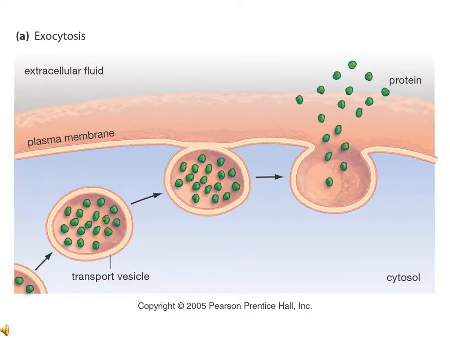This is referred to as exocytosis. And of course, the reverse of this would be endocytosis, where large material from the outside is pulled in, forming a vesicle and bringing it into the cell for use.